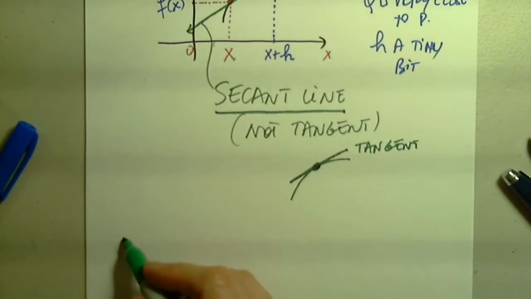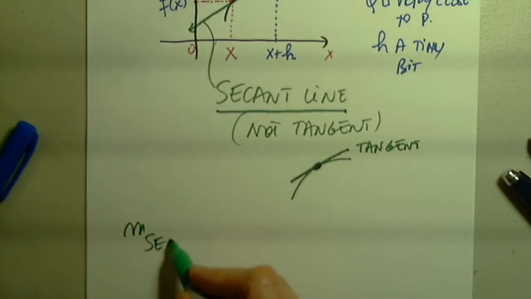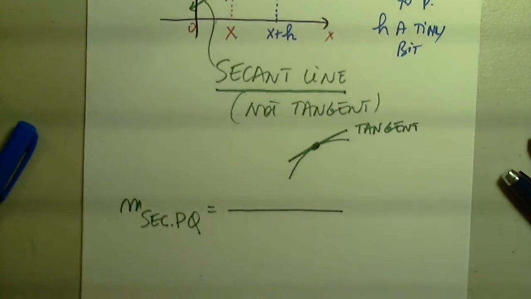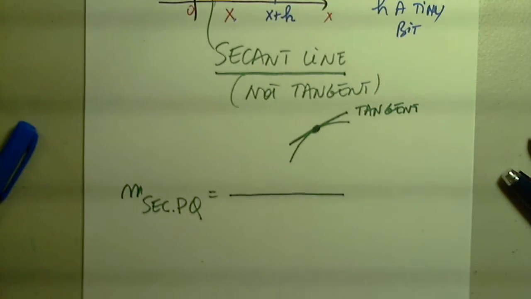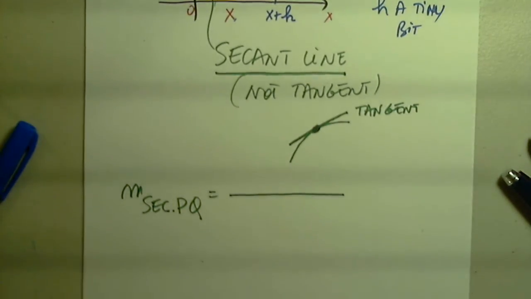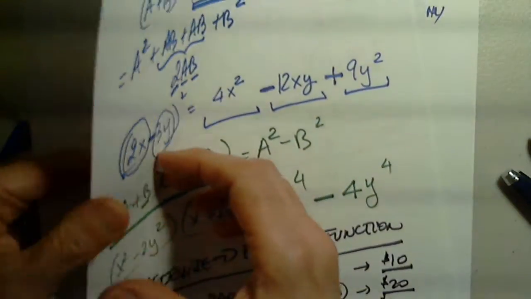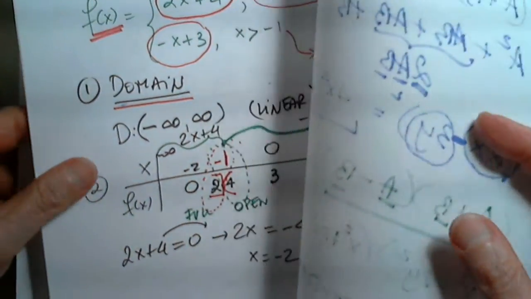Can anyone give us the slope of the secant line PQ? It'd be the change in y over change in x. So this is what we did last time, and this is why we did it.